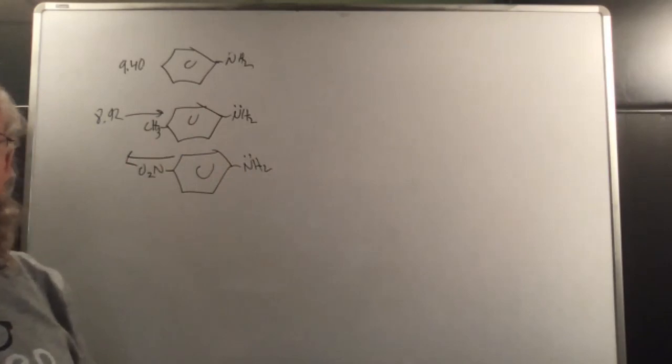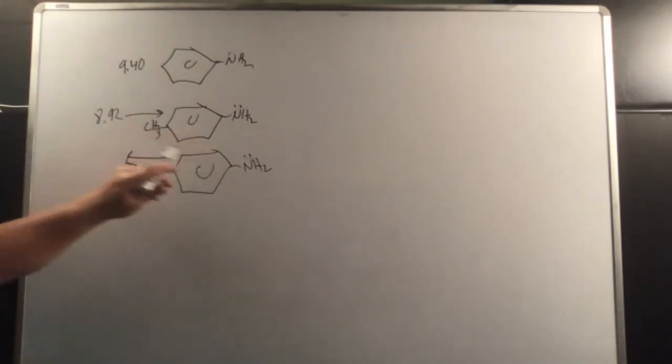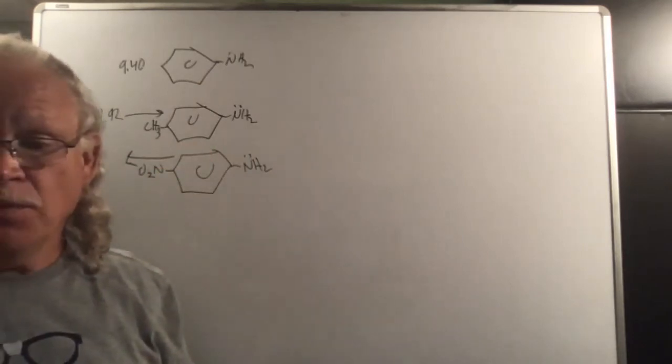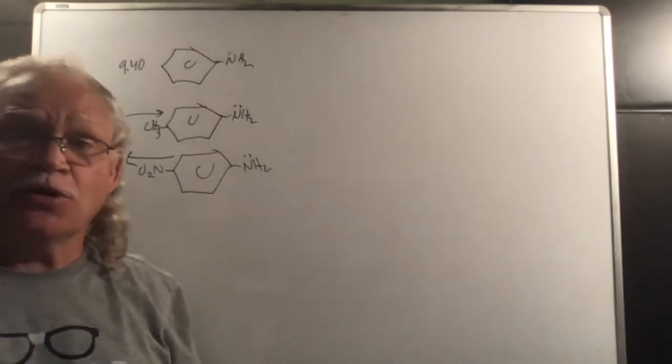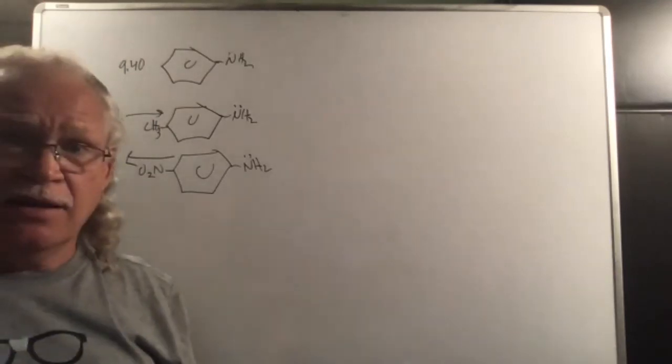So therefore it does what? Pulls electron density away from that lone pair, making that lone pair less donatable. Therefore, what should happen to the pKb? The pKb should go up. It should become less basic. And notice it's 10,000 times less basic.